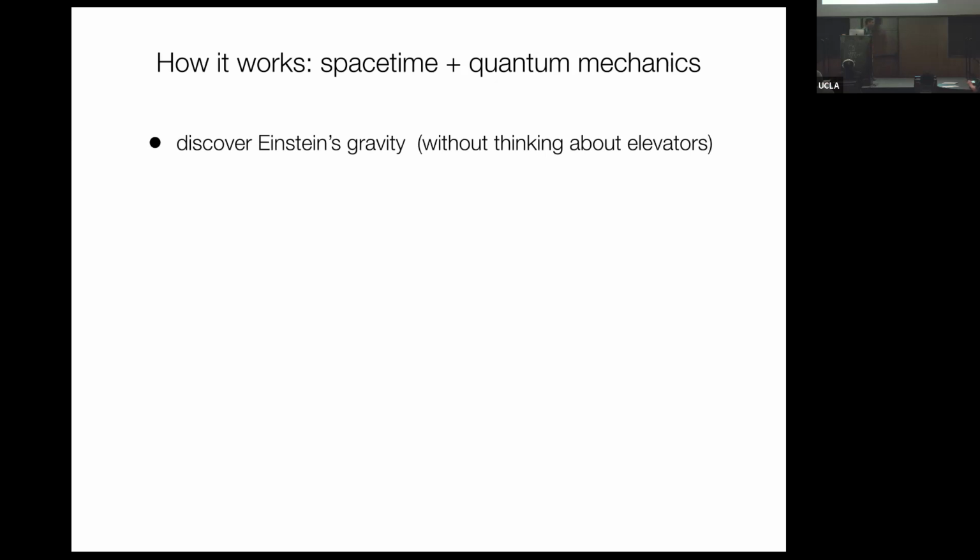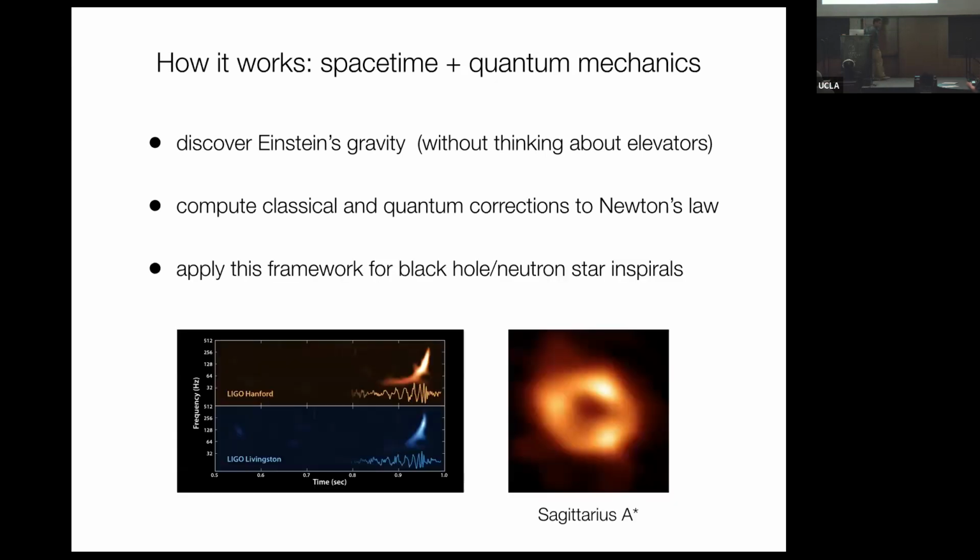The first thing that we're going to do is try to discover Einstein's gravity without thinking about elevators, just using a simple calculation in quantum field theory. Next, we can use this theory of gravity to compute Newton's law, and actually both classical and quantum corrections to Newton's law. And finally, I'll end the talk by talking about state-of-the-art applications of this for understanding binary black hole coalescence.